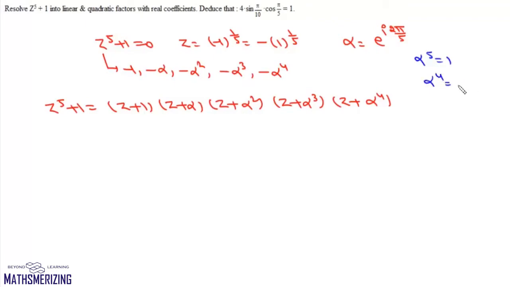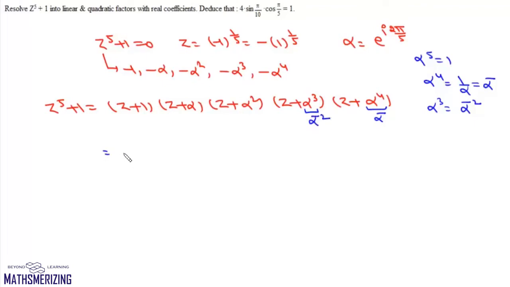Alpha to the power 4, which is 1 upon alpha, we can write as alpha bar, and alpha cube is alpha bar square. So we'll replace alpha to the power 4 with alpha bar and alpha cube with alpha bar square.